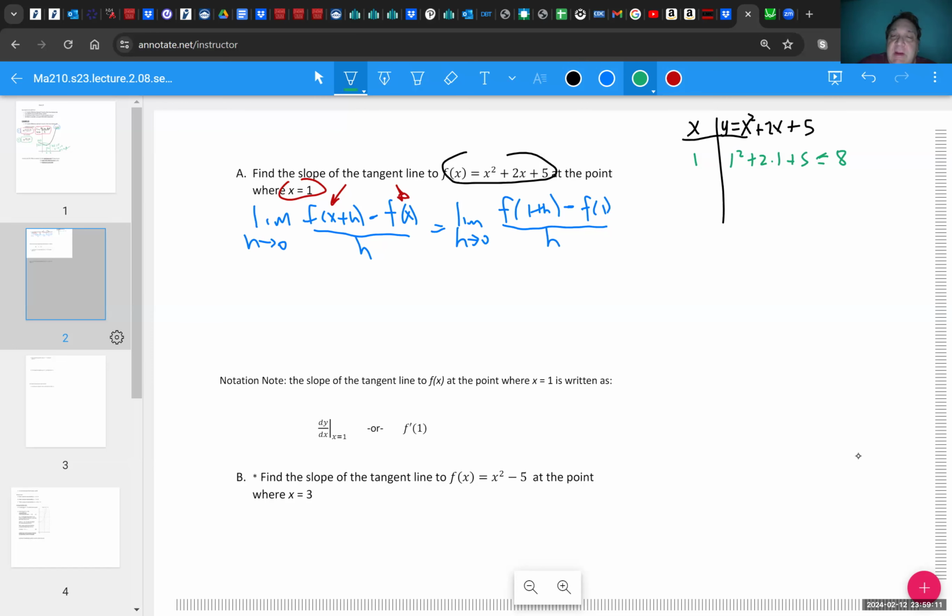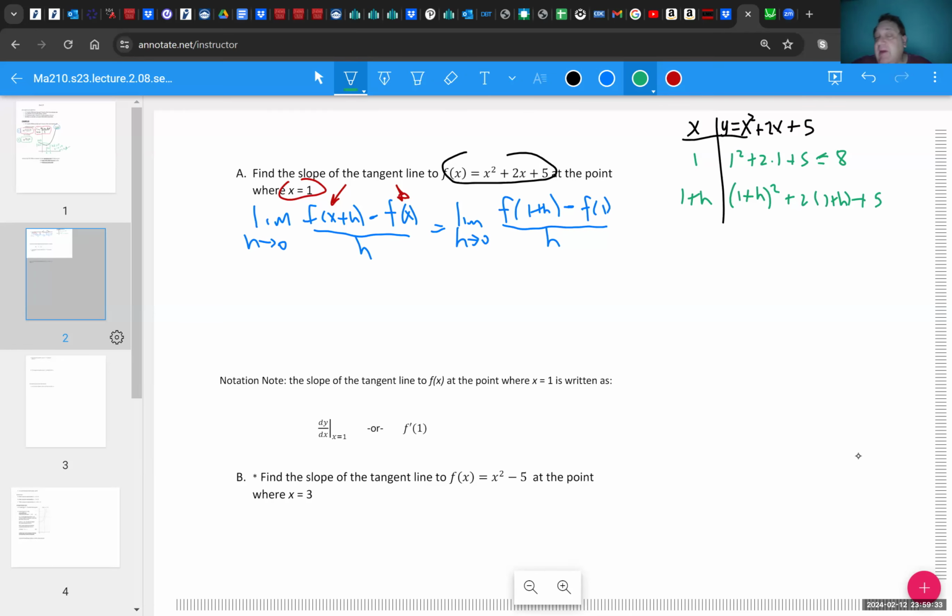And then I can plug in 1 plus h. I'm just plugging in these numbers for the x values. So 1 plus h is the next thing I'm going to plug in. And according to my formula, that's 1 plus h squared plus 2 times 1 plus h plus 5. I'm going to simplify this.